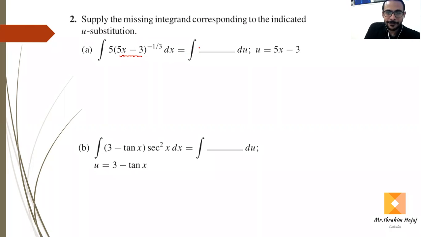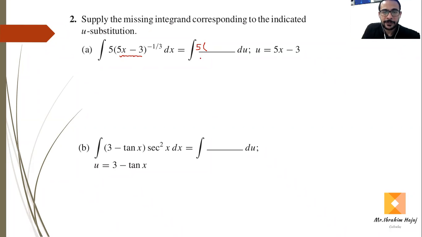We write 5, and we replace this 5x minus 3 by u. So it's going to be what? 5 and 5x minus 3. Okay, 5 complete.